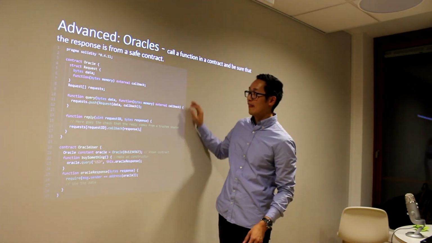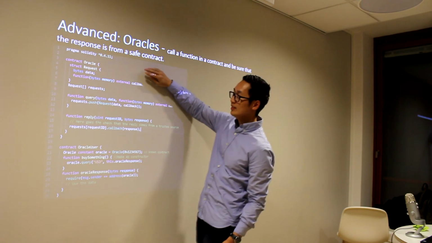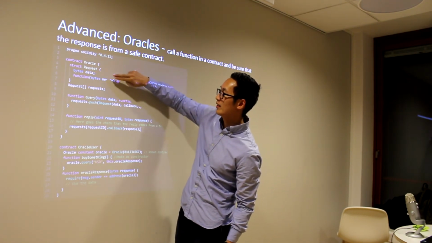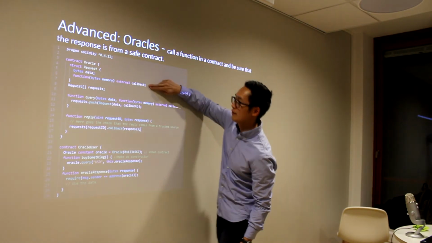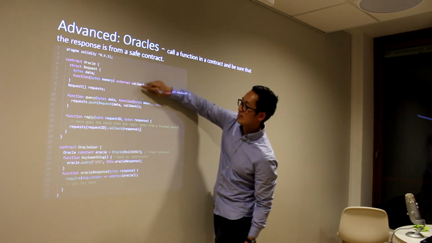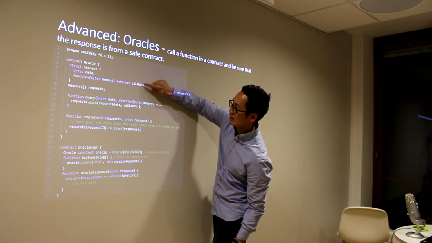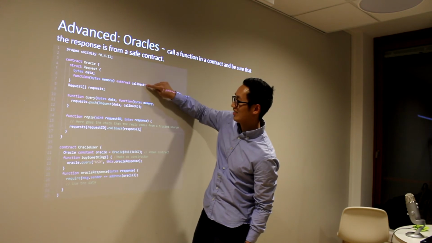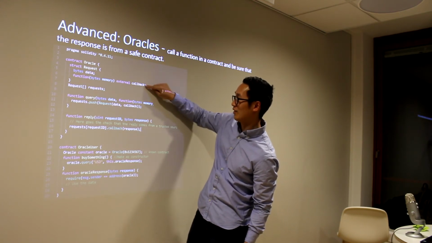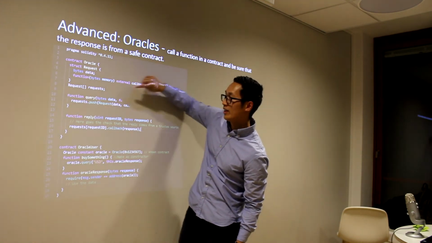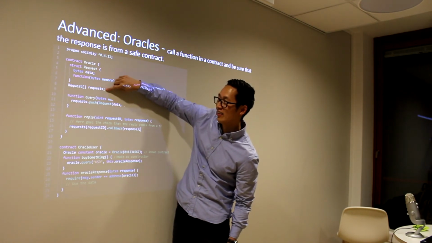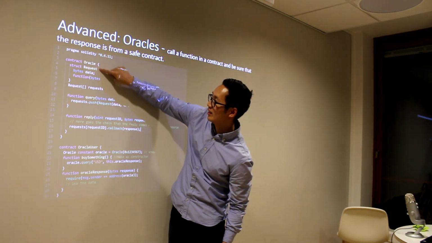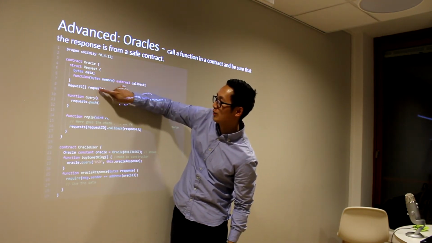So this oracle has a struct that contains byte data, and it contains a function. It's external, meaning that this function doesn't exist in here. It should exist somewhere else. Then you have an array where you can push a struct to this variable.